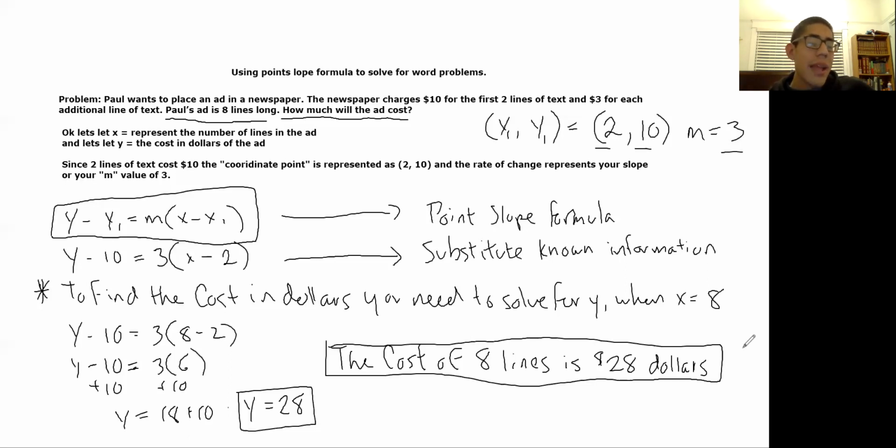And then once I have y minus 10 is equal to 18, I'm going to add 10 to both sides, and I'm left with y is equal to 18 plus 10. Y is equal to 28. So to answer Paul's original question, the cost of 8 lines is $28. And that's pretty much it.